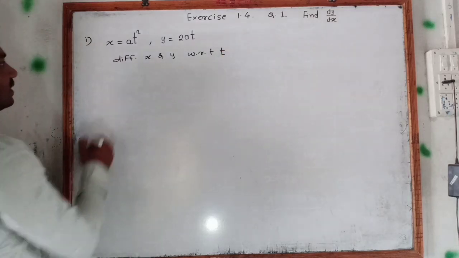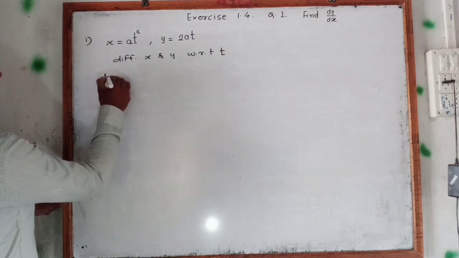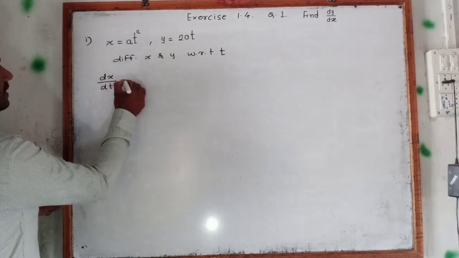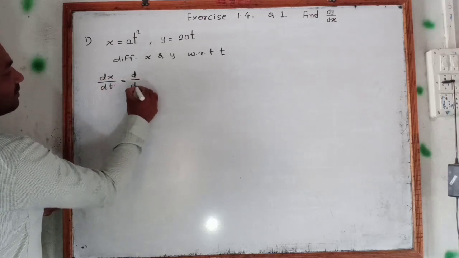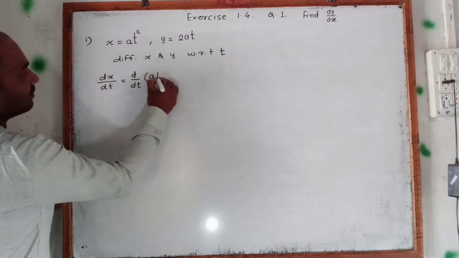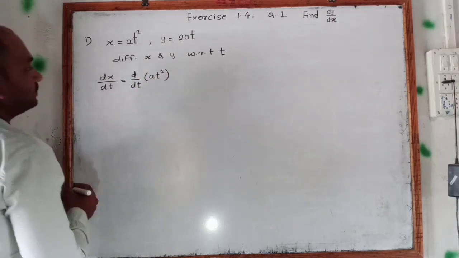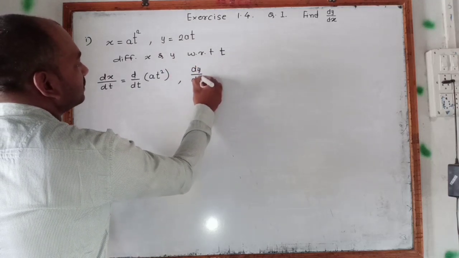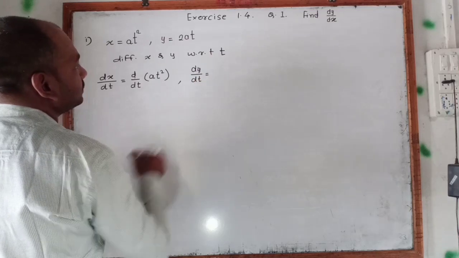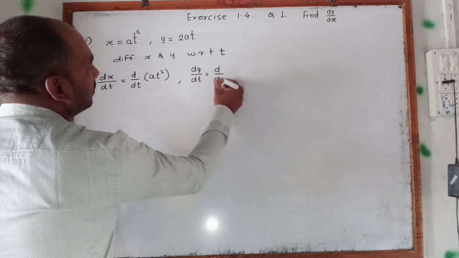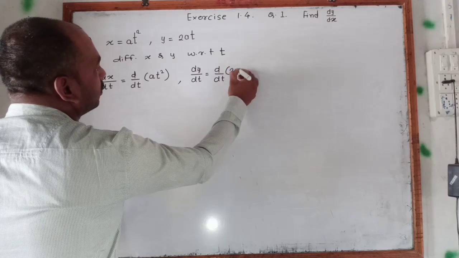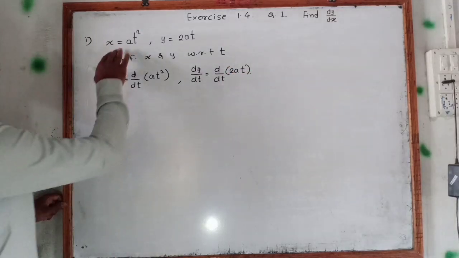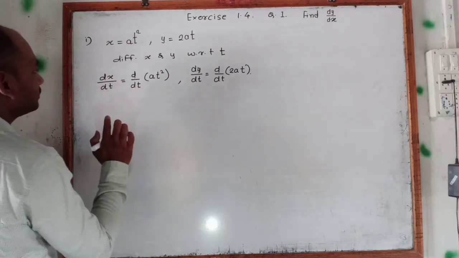See what happened. dx upon dt is equal to d by dt of at square, and dy upon dt is equal to d by dt of 2at. So in this way we differentiate both the equations with respect to t.